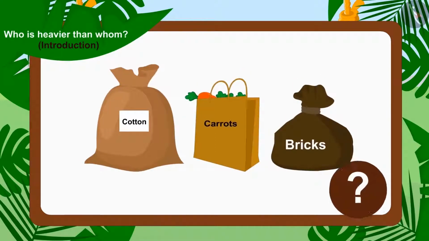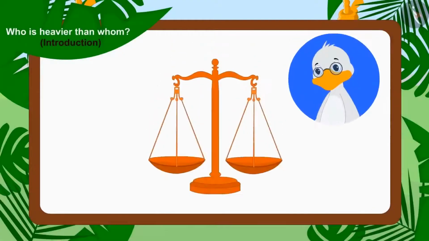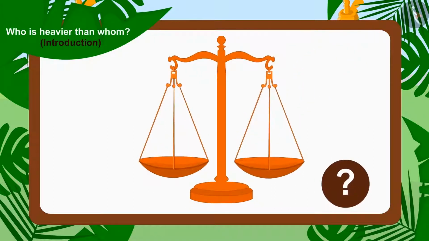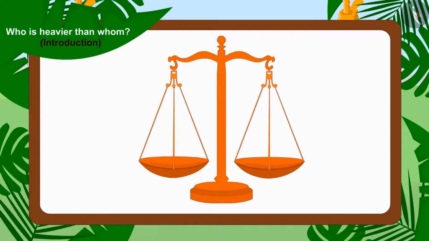So, what can we do now? Uncle brought a weighing scale. Children, do you know what a weighing scale is? A weighing scale is a device for measuring weight, and it is made of two plates.